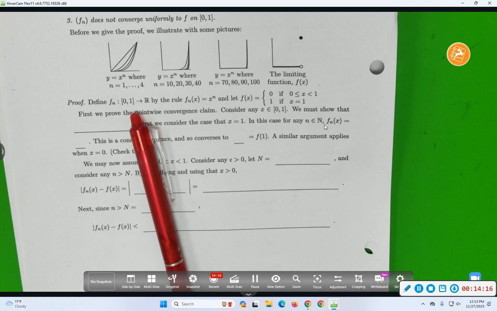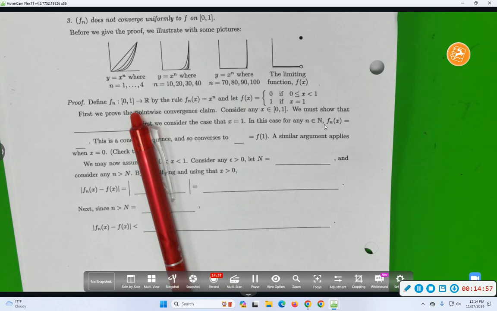You want to show for all x in the domain, this convergence. There's what I need to prove.